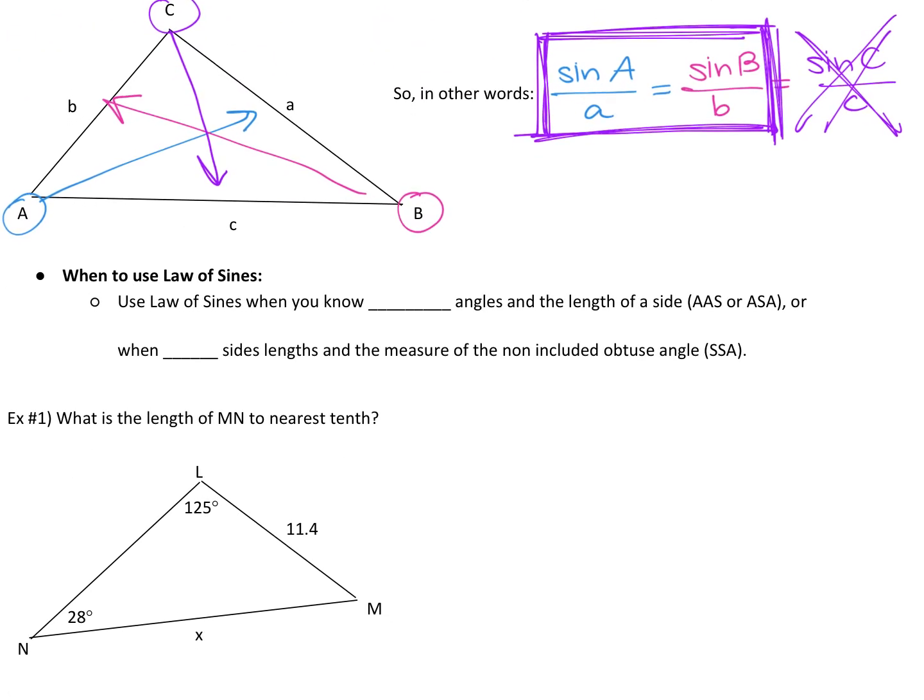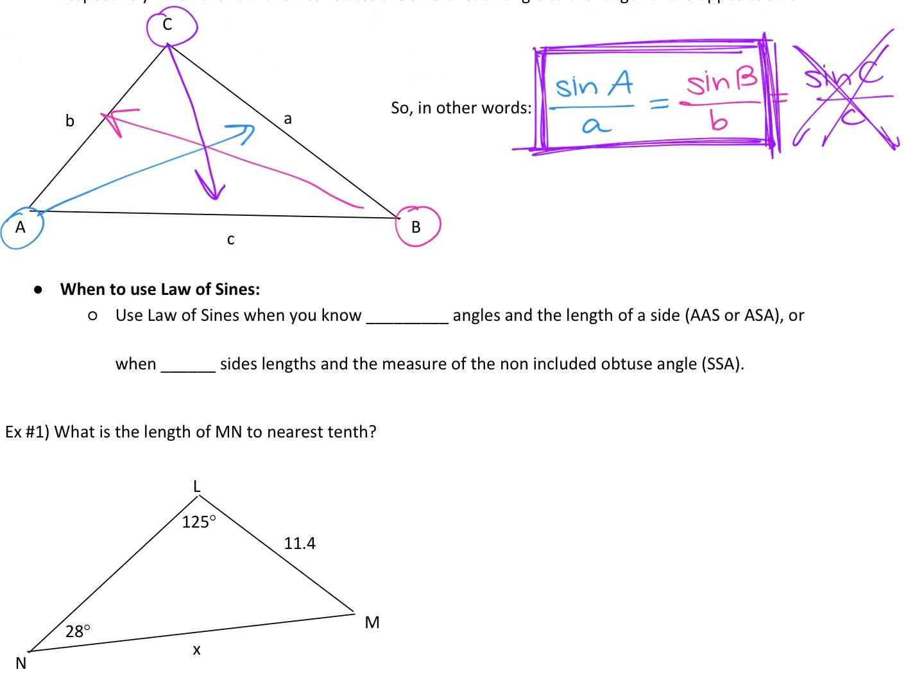So here it is. When to use the law of sines. The law of sines shows up really in 3 different scenarios, and simply put, these are them. Okay? When you see that setup in a triangle, you can do the law of sines. So basically, use the law of sines when you know 2 angles and the length of a side.